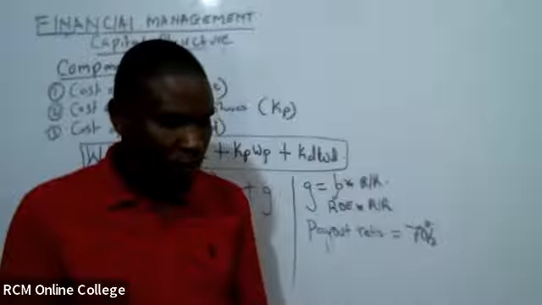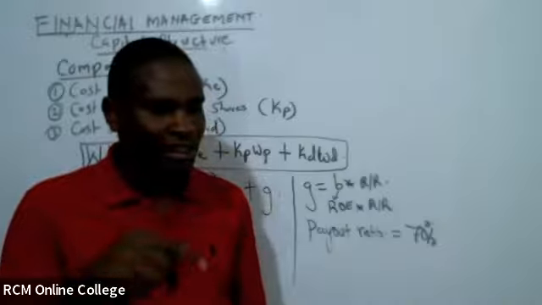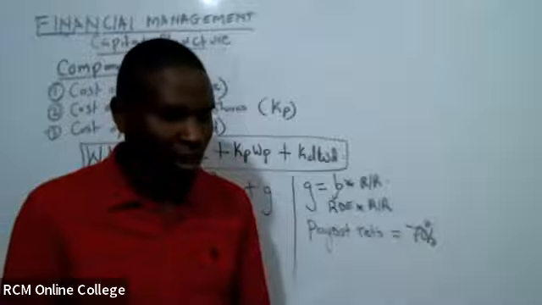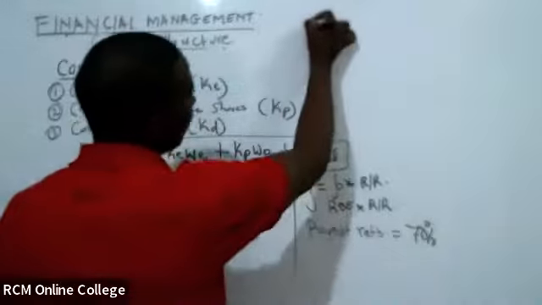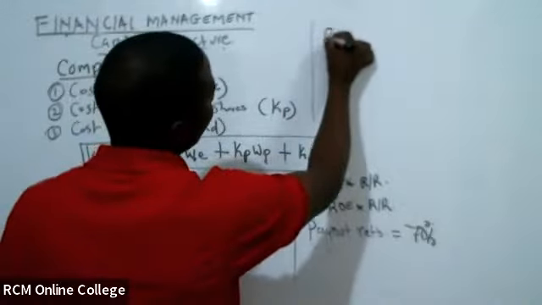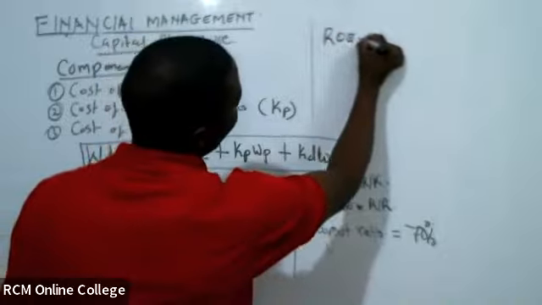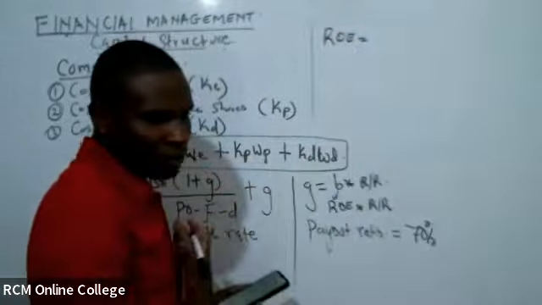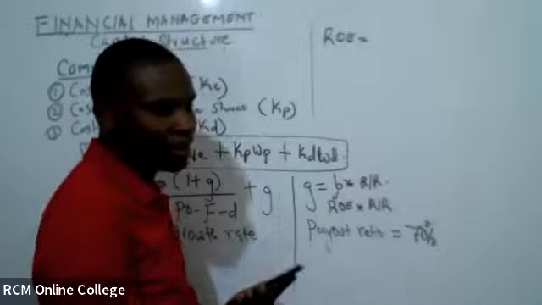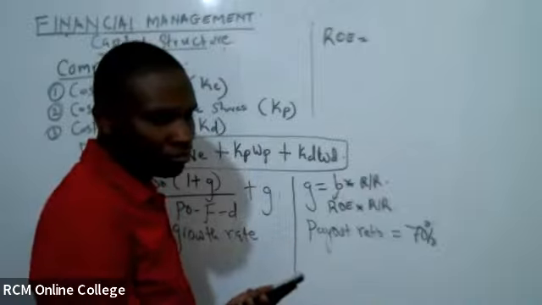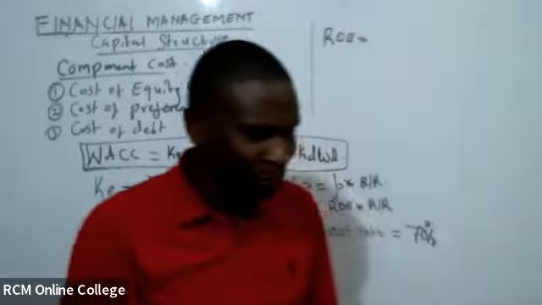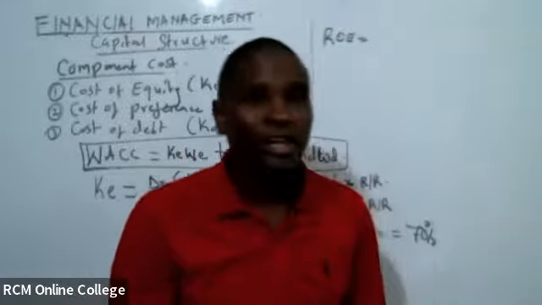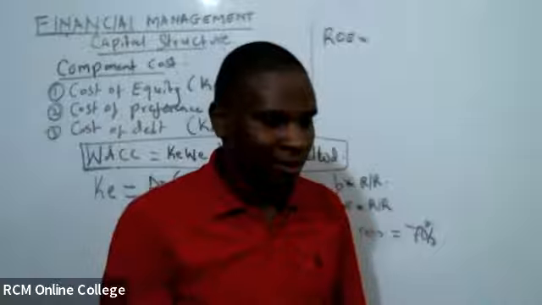Somebody. Remember to make sure that you are participating. Don't fail to participate in this lesson. How do we get ROE? Remember, this is return on shareholders' equity. Tunapata namna gani? So you want me to mention you? I don't want to mention you because I know you understand.